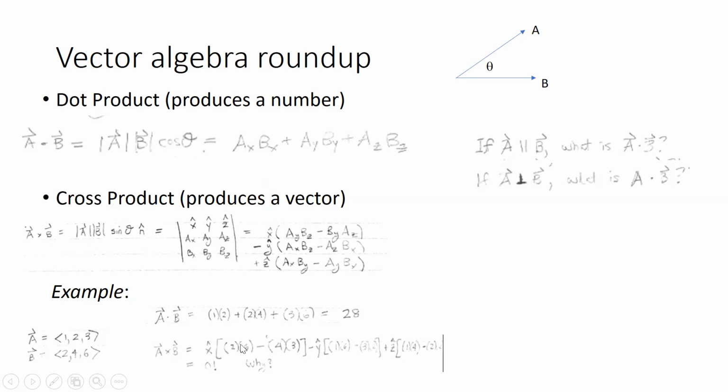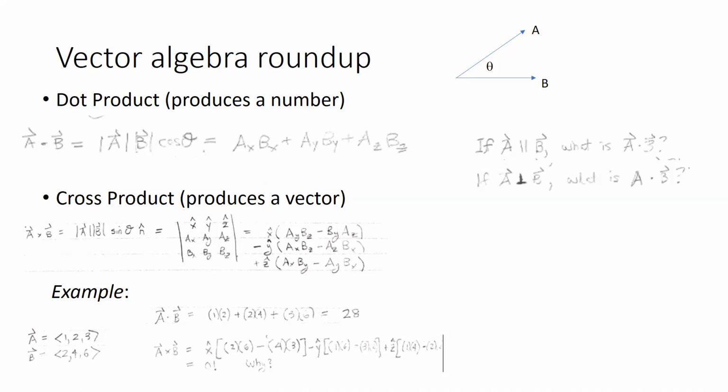We have x hat times 2 times 6 minus 4 times 3, so 12 minus 12, minus y hat times 1 times 6 minus 3 times 2, plus z hat times 1 times 4 minus 2 times 2. Okay? And each of these is 12 minus 12, 6 minus 6, 4 minus 2. Each of those is 0. So therefore, A cross B in this case would be 0.